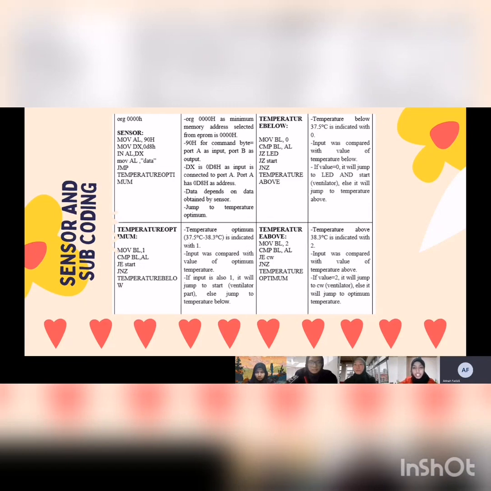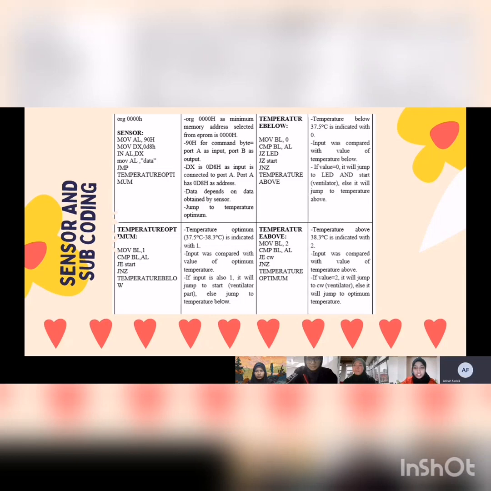If the value of the sensor is 0, it will perform the action of temperature below. If it doesn't, it will jump to temperature above. At temperature above, 38.3 is indicated with 2. If the value of the sensor is 2, it will perform the temperature above action. If it doesn't, it will go back to the temperature optimum to compare the value again.